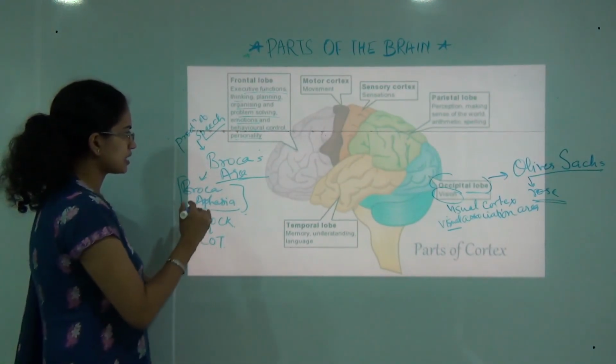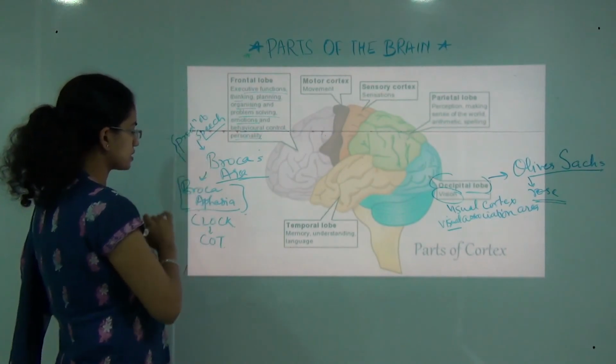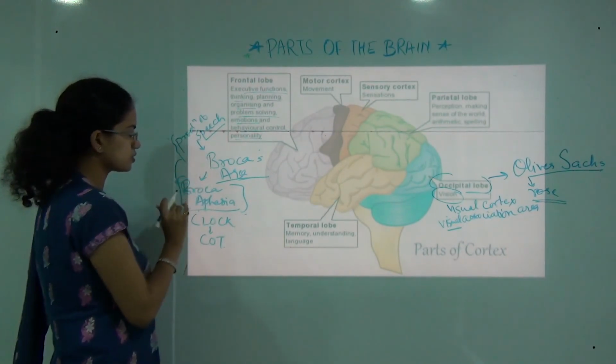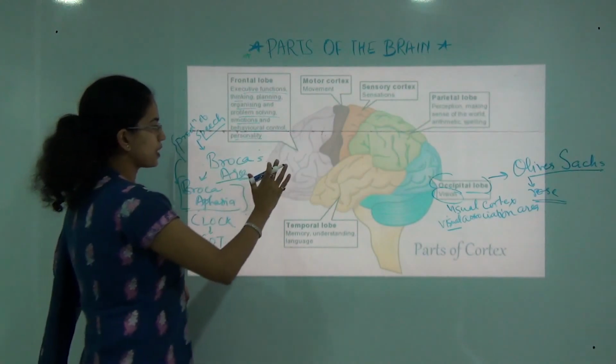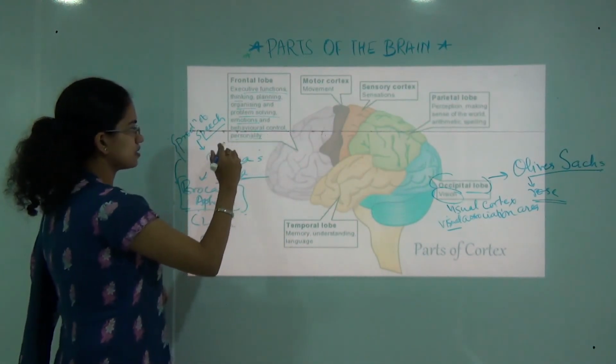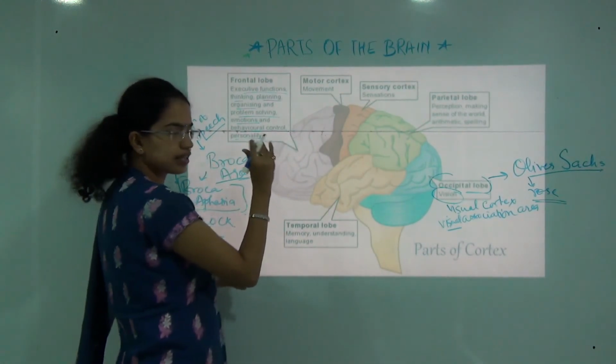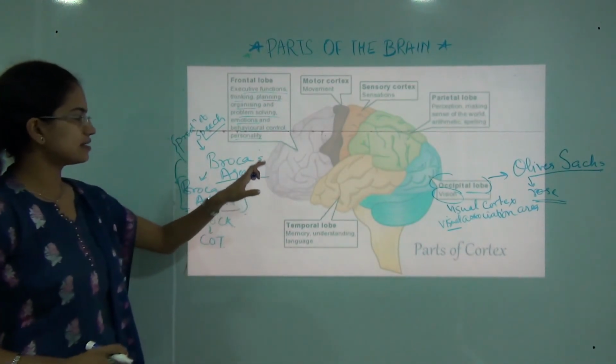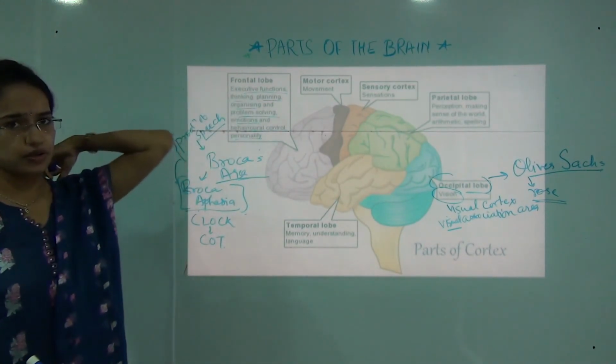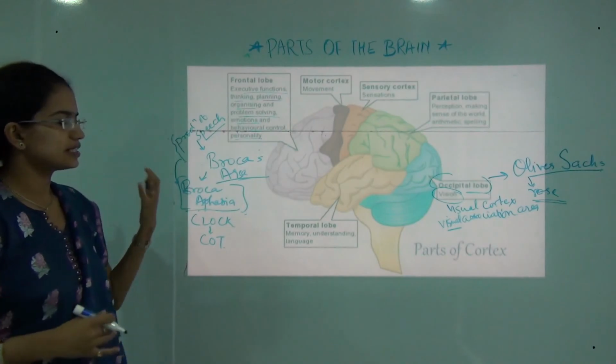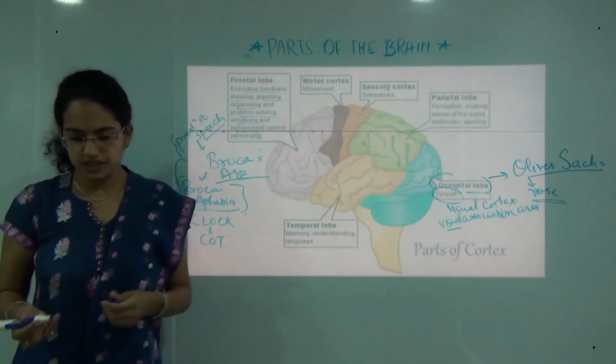That's the kind of problem with production of speech, and this disorder is known as Broca aphasia. Broca's area deals with producing speech and is found at the frontal lobe. Besides that, the other functions, as we talked about, are planning, organizing, problem solving, and dealing with emotions.